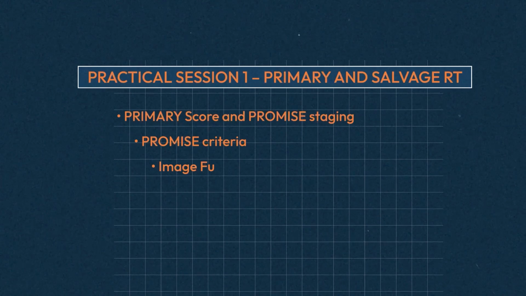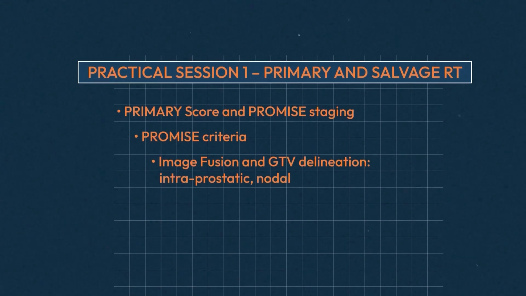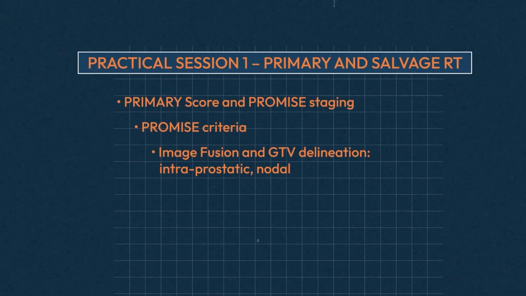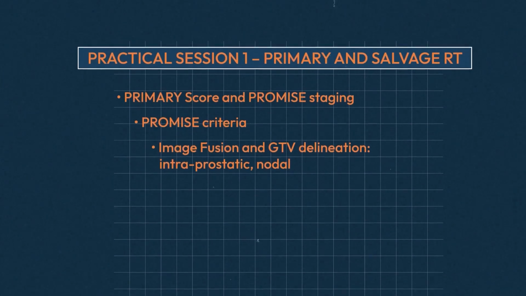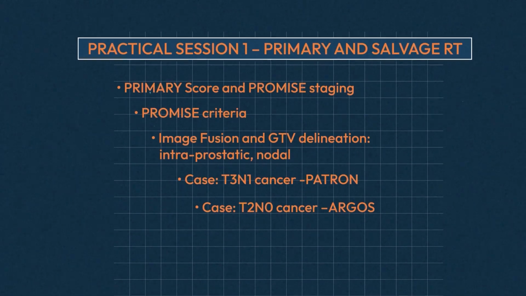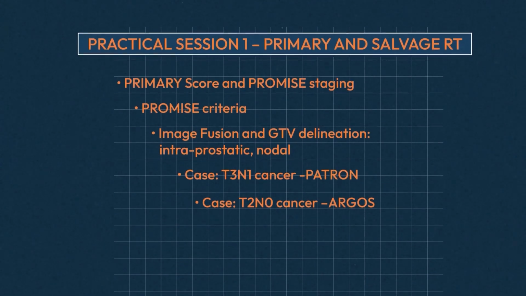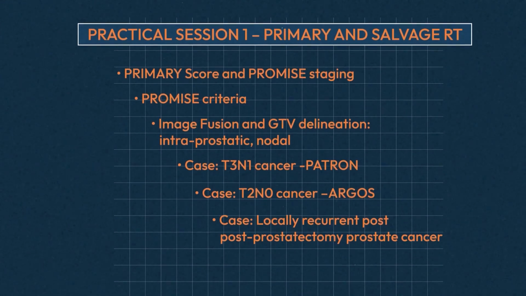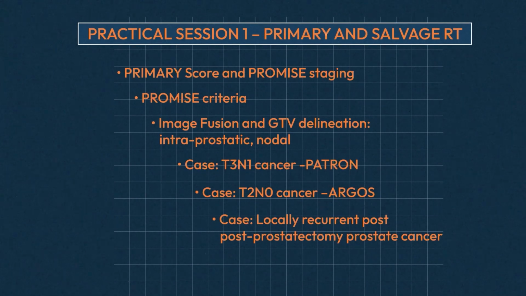We'll talk about some of the practical aspects of image fusion and delineation of PET-identified gross tumor volumes, and then use a couple of examples from Patron and Argos to illustrate how these are integrated into the primary treatment of prostate cancer and a case of local recurrence after prostatectomy.